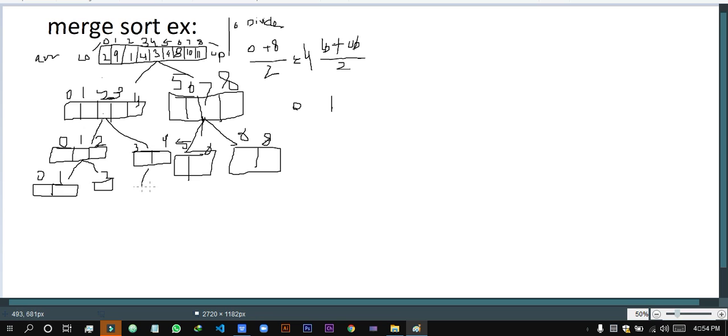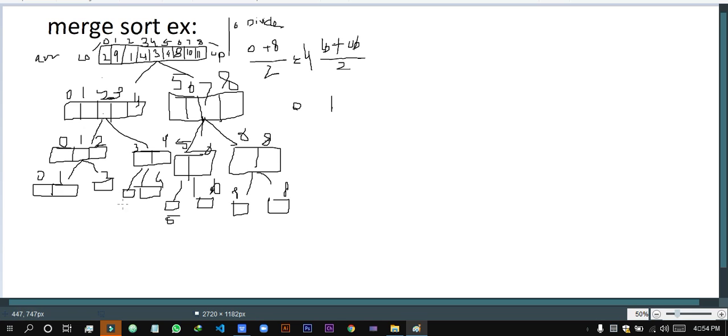Same like this, these two are also distributed, 4 and 3, and these two also, 5 and 6, and 6 and 8. Okay, now each and every element has been distributed, 6, 5.